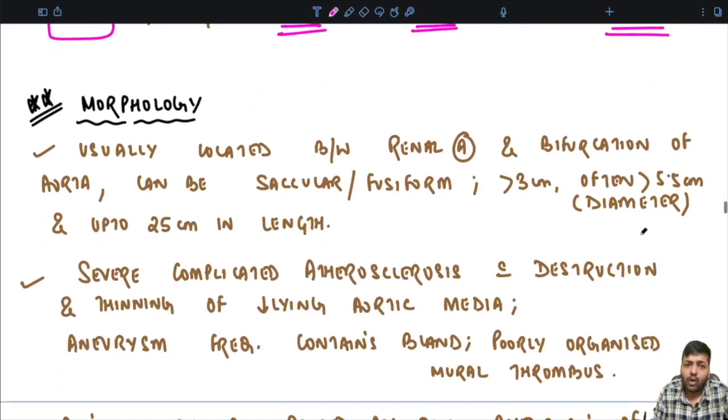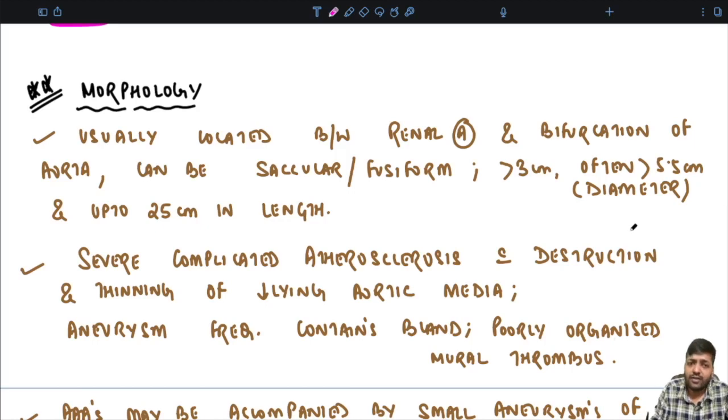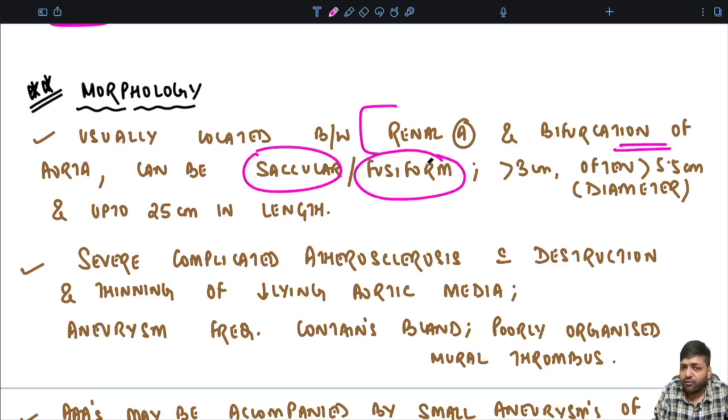Morphologically, they are usually located between the renal artery and the bifurcation of the aorta. They can be saccular or fusiform. They are more than 3 centimeters in diameter, but most commonly more than 5.5 centimeters in diameter, and can be up to 25 centimeters in length.